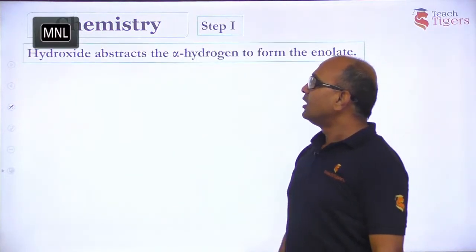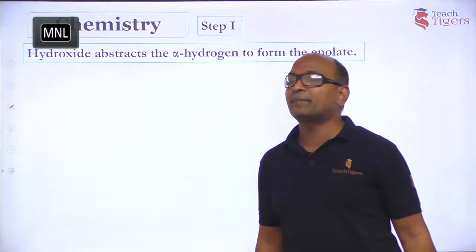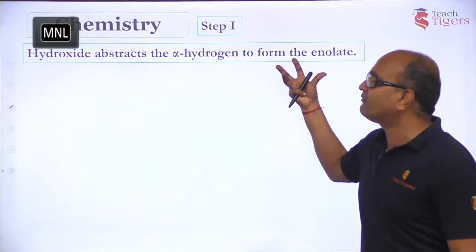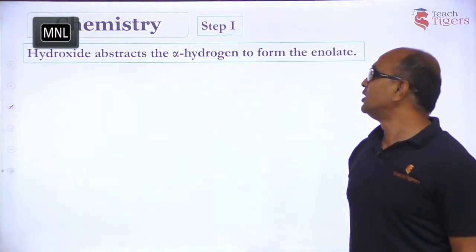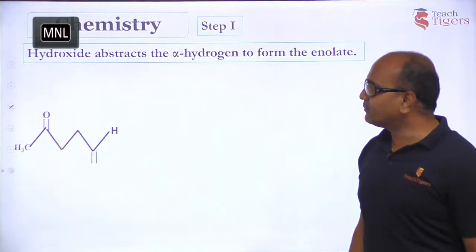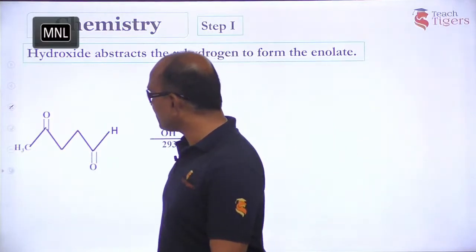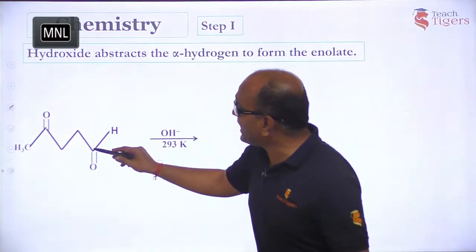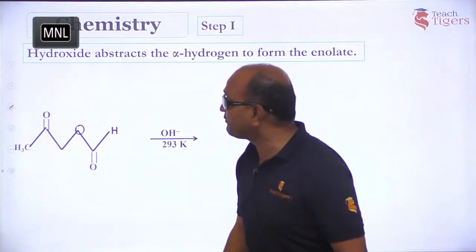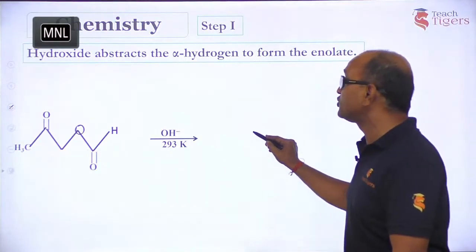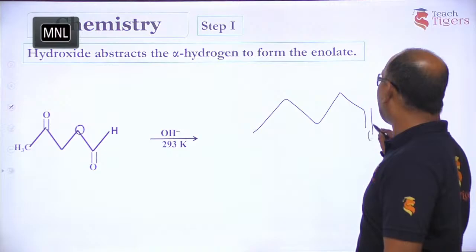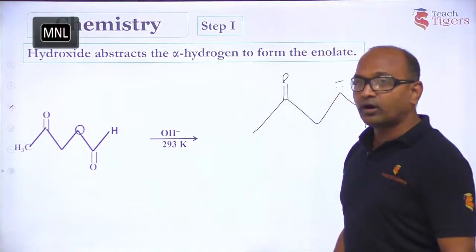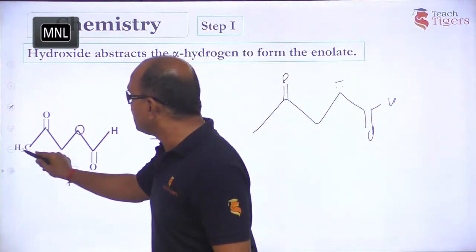Let us see the first step. What is the first step? I told you the mechanism is the same. It is the abstraction of alpha hydrogen by the base to form the enolate. But we have a problem here. Sir, what problem? Let us see what different enolates are possible here. Can I consider this as the alpha carbon? It has two alpha hydrogens, so you are going to have this as an enolate. Am I right? Can I remove this hydrogen?